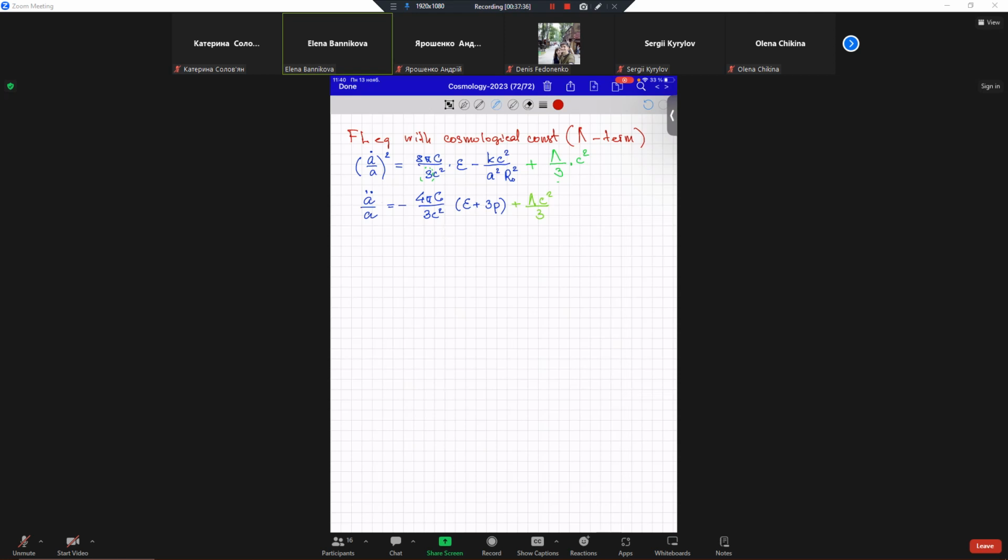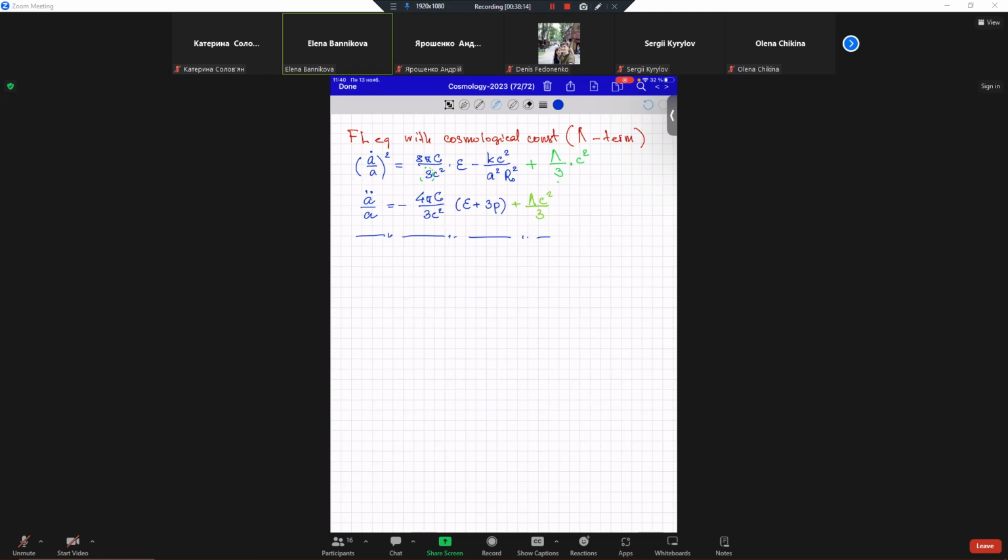So before we see how this lambda term plays a role in creating a static universe, why it doesn't work, and how it will work to explain the observational data and acceleration of the universe, we need to first understand how we can solve the Friedmann-Lemaitre equation. Is it enough what we have, or would we like to have something more?